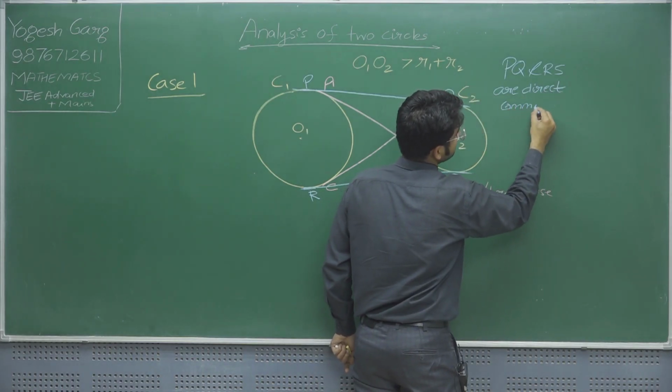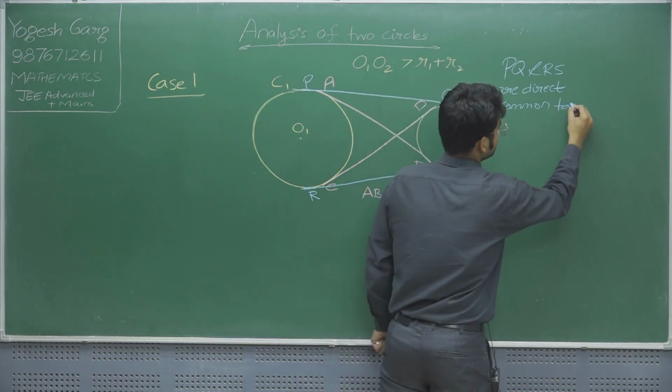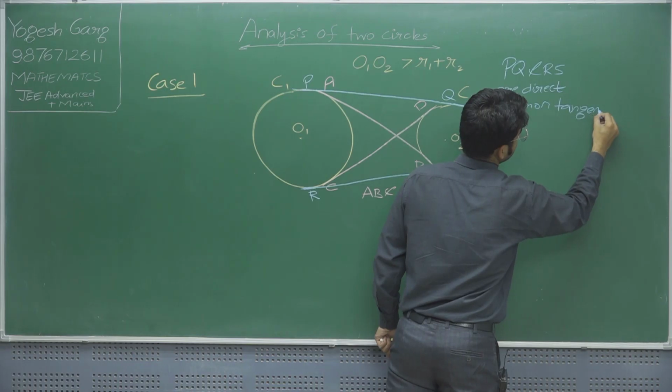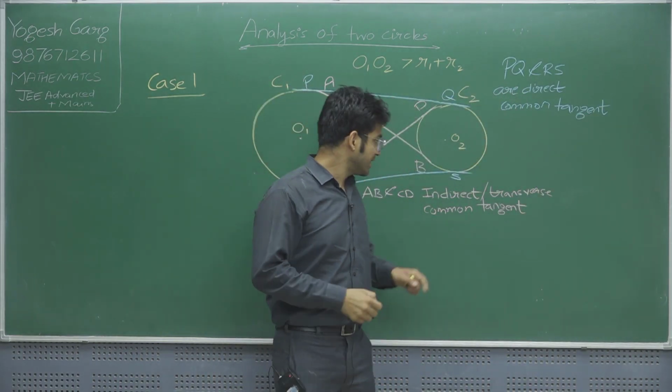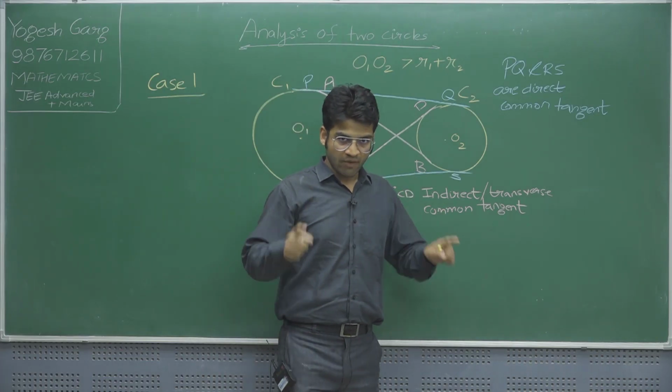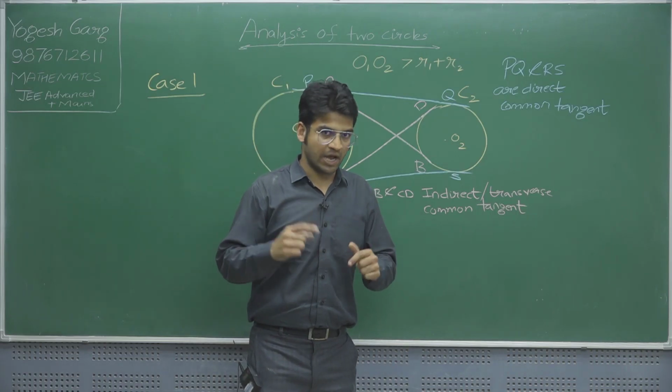Now let us understand what the difference is between direct and indirect common tangent. You can clearly observe that for AB and CD, O1 and O2 are lying on opposite sides.